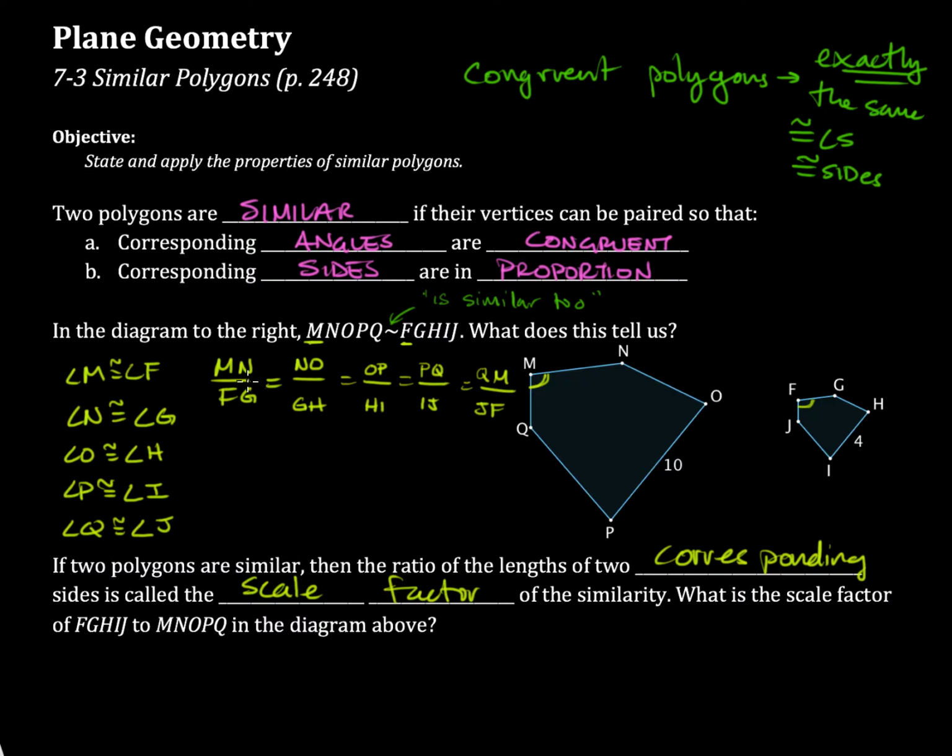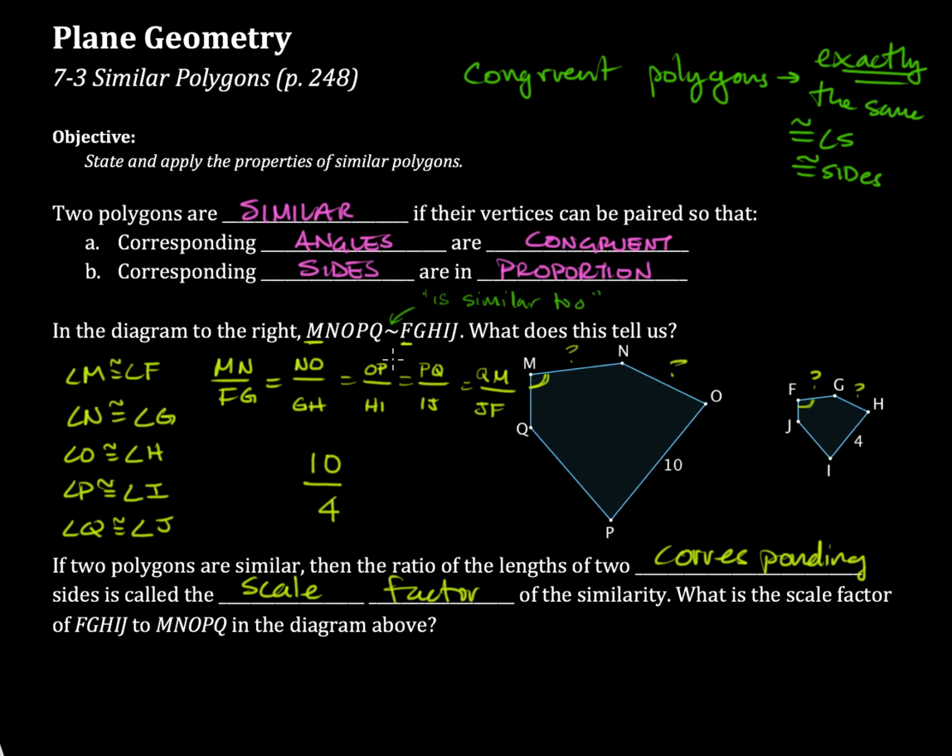So which one should I do? Should I do MN over FG? The problem is I don't know what MN is, and I don't know what FG is. Should I do NO and GH? Don't know NO, don't know GH. Aha, here I have a ratio, OP and HI, where OP has a length of 10 and HI has a length of 4.